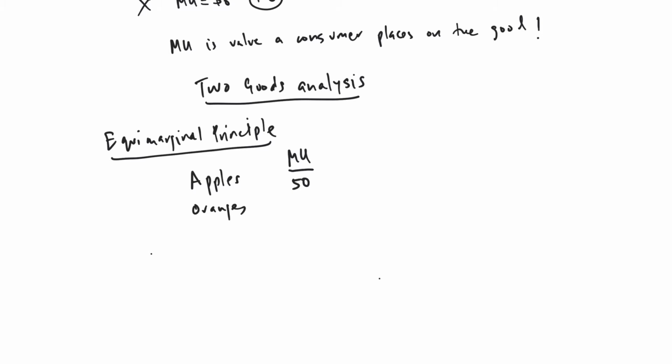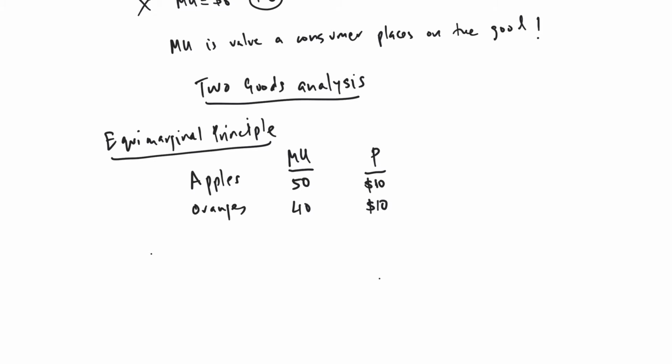Some imaginary utility units, let's say you get 50 units of satisfaction. Versus from oranges, you get, for example, 40. And the price for apples is, for example, $10, and the price for oranges is also, for example, $10.